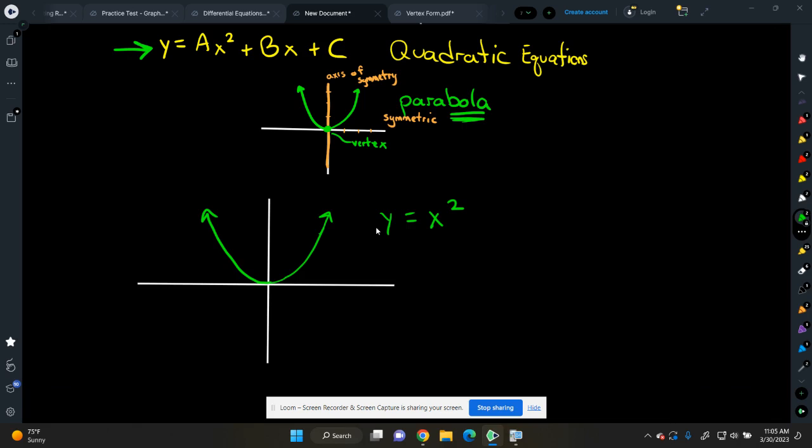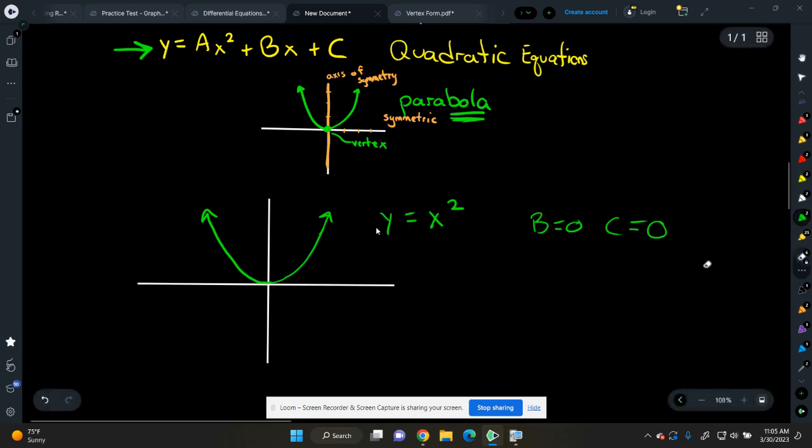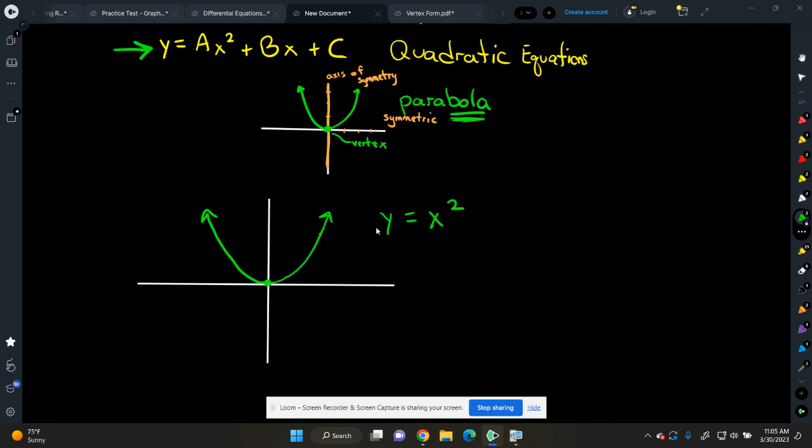Just in this particular case, the b is equal to 0 and the c is equal to 0. But it's a parabola. That's what we call our base function. The base function has a vertex at 0, 0, right there at the origin.